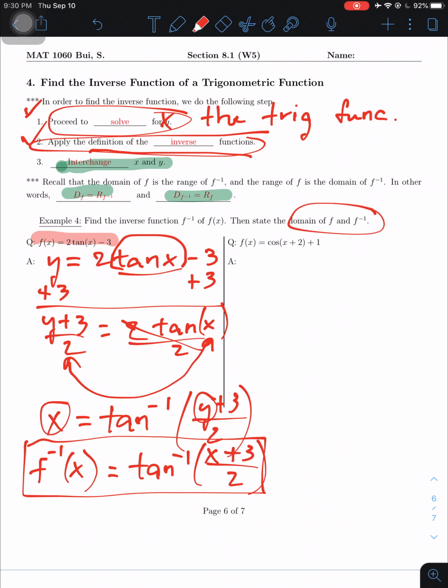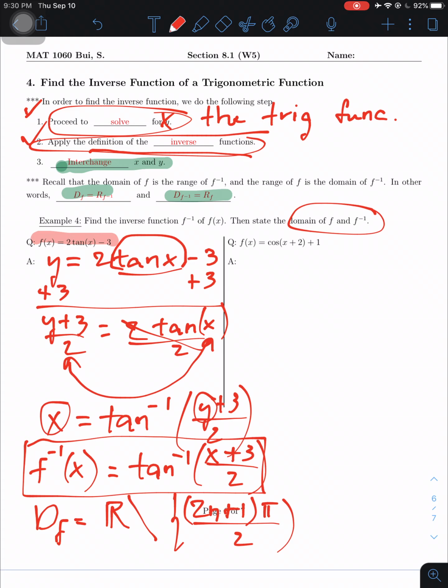So you can say something like the domain of f equals all real numbers except for all the odd integer multiples of pi over 2.